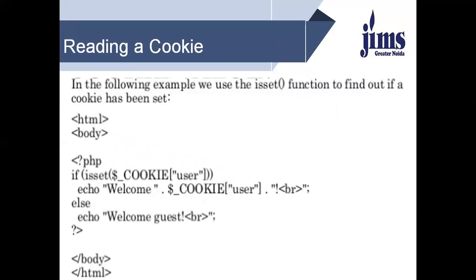Now we will read a cookie. How will we read a cookie? Let's see one example for reading a cookie. When you set a cookie, it won't be visible to your scripts until the next time you load a page. That's because the cookie is sent to the server from the user's machine.